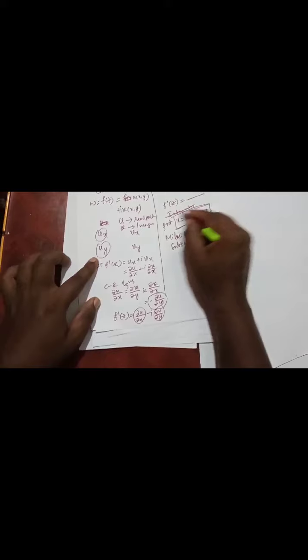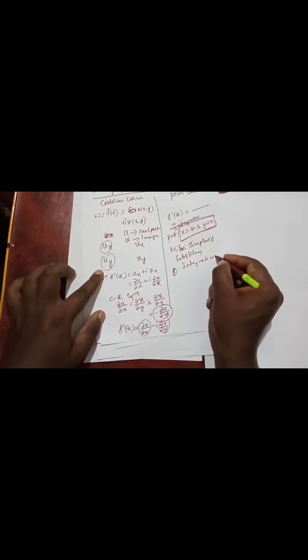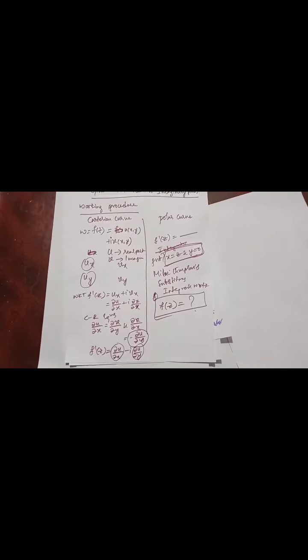Put x equal to z and y equal to 0. After that integrate with respect to z. Then we will get the required analytic function. This is our working procedure for construction of analytic function whose real part is given.